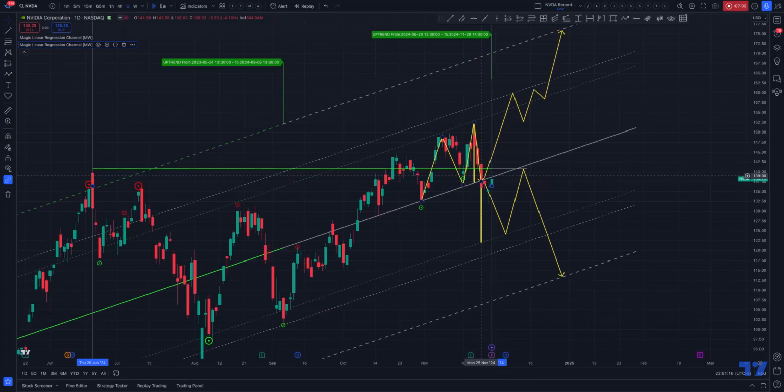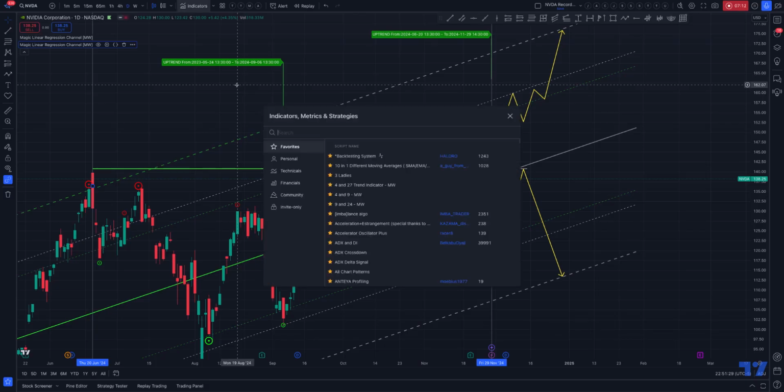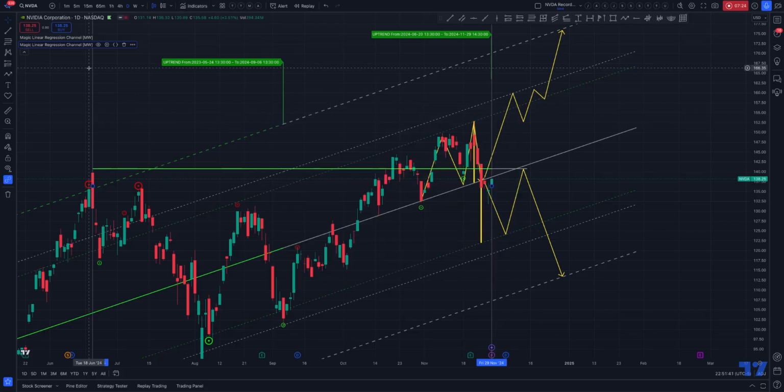And those two could prove to be enough to say that NVIDIA is going to take the second scenario, but there's something else. So I'm going to add the Multi-VWAP by @MWright Inc. And that's going to take a second to load.